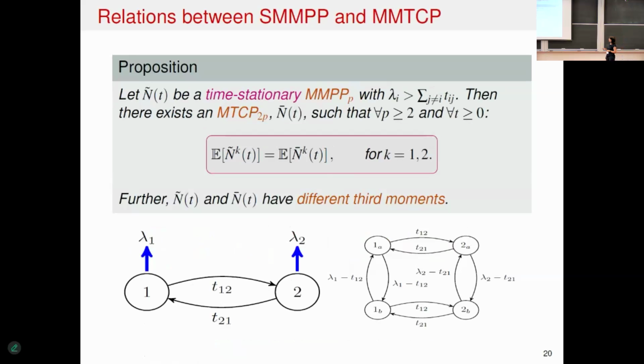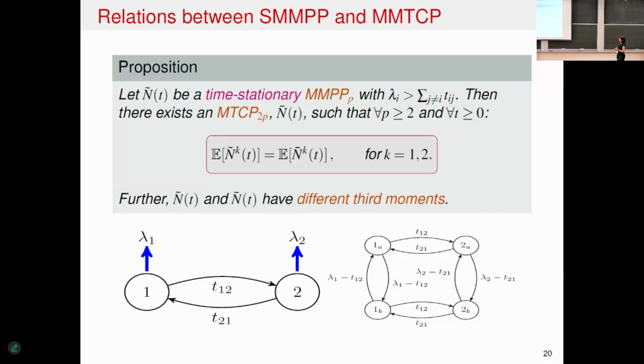What I found is that for a time stationary MMPP with order P, with the condition that lambda_i is greater than the sum of the T_ij's, which means that the rate of having an arrival from each phase is greater than the sum of the rates of going from that phase to other phases, we call this kind of MMPP a slow MMPP, and most of the MMPPs used in applications are in this category.